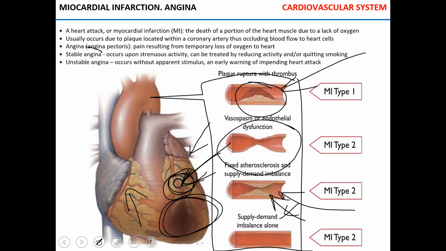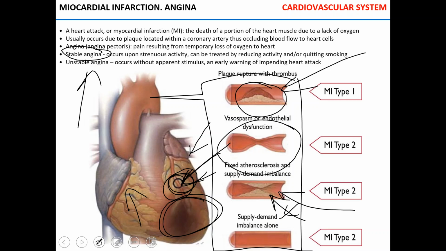Stable angina is a condition which occurs every time you perform a strenuous activity. It is a sign, a signal for you that there's maybe a problem with the coronary blood vessels. Unstable angina is much worse, because it happens without any underlying reasons, without any strenuous activity.